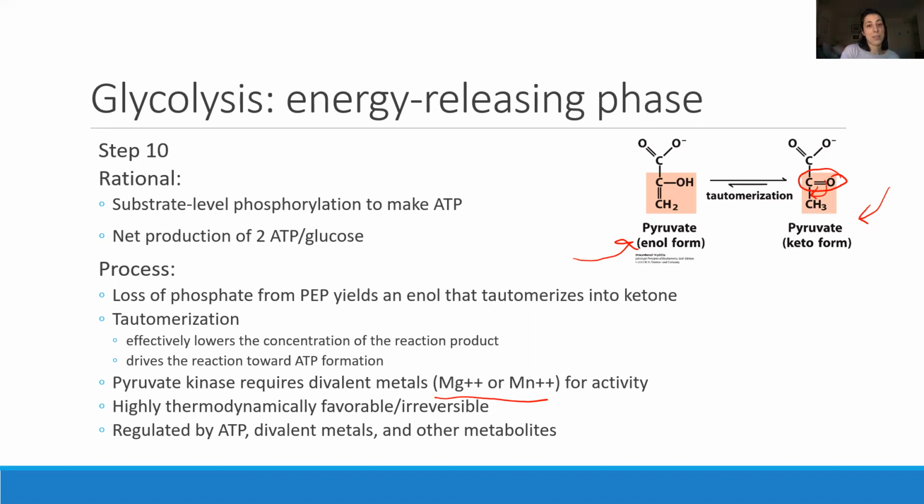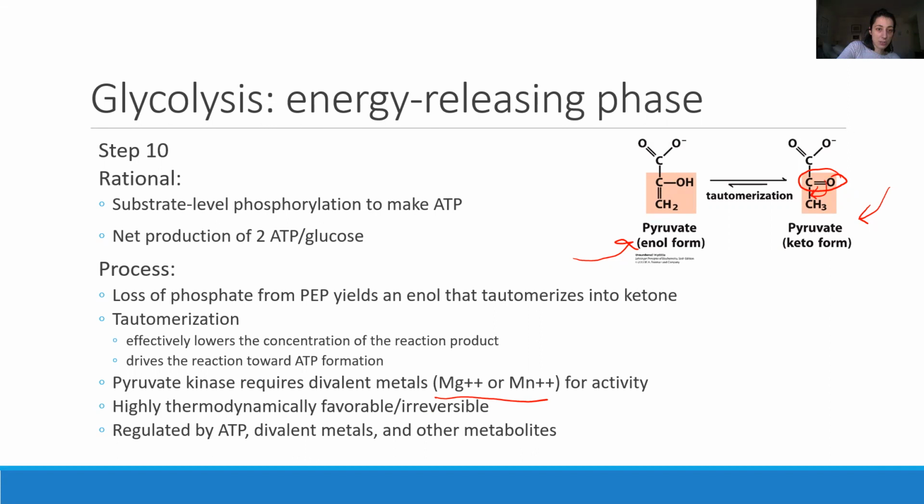So one thing you might think about is if you have magnesium deficiency, you will actually see problems in glycolysis and breakdown, and just general energy production. Again, highly thermodynamically favorable and irreversible for this kinase reaction.